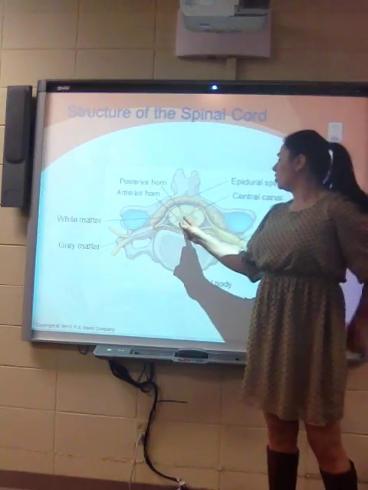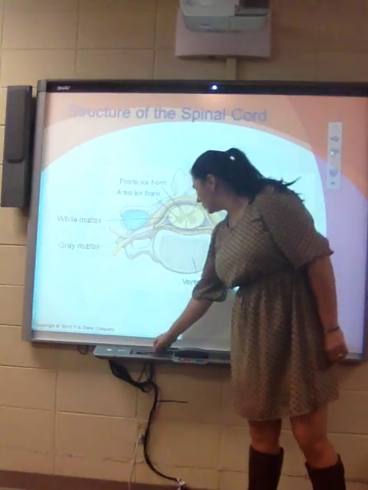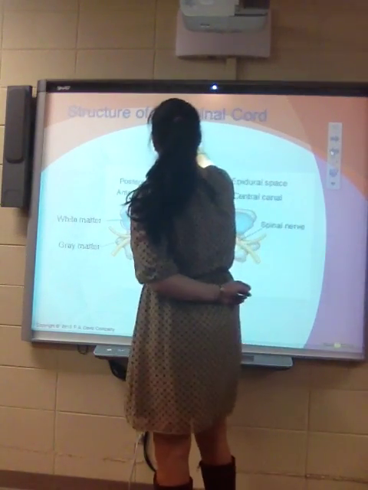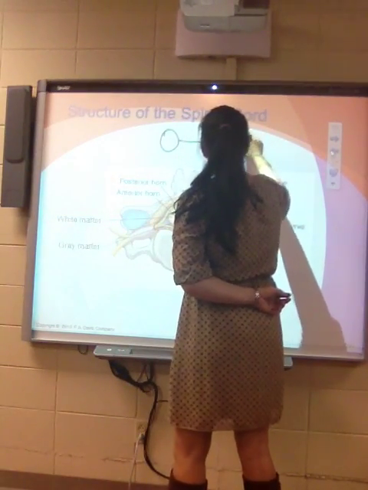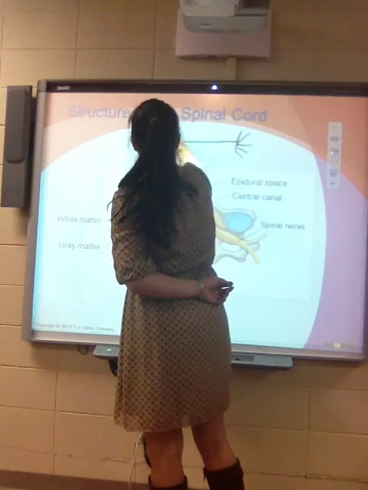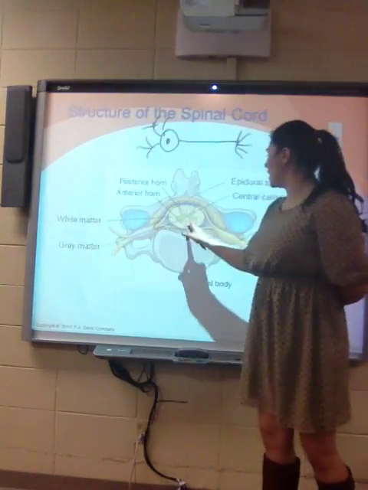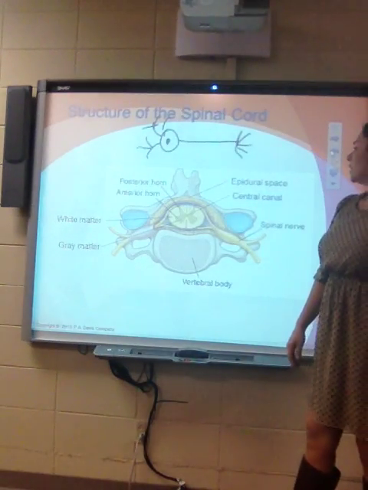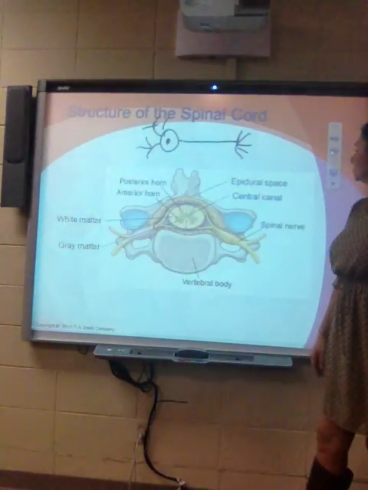The gray matter is where you're going to find all your cell bodies. When we're talking about cell bodies, you're talking about the cell bodies of a neuron. A bunch of those is what you'll find in the gray matter. And then out here, you're going to see your axons in that white matter.